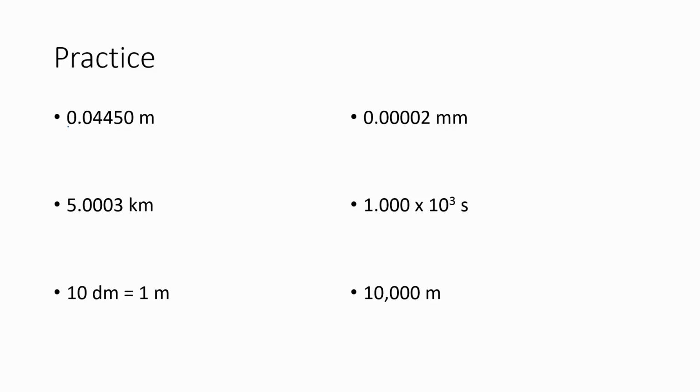Welcome back. Alright, so leading zeros are not digits, and a digit to the right of a decimal place that's not a leading zero counts. So we have 4 significant figures for this number.